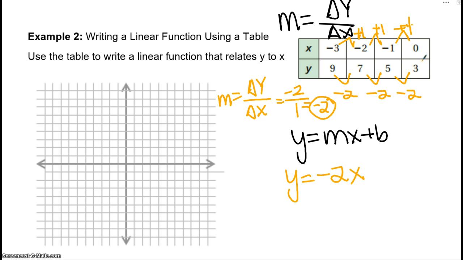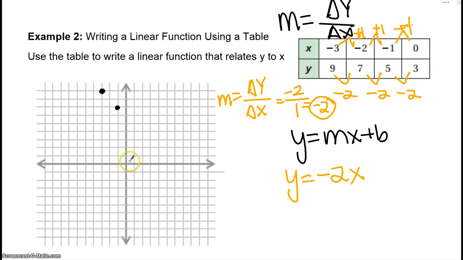Then I need to find my y-intercept. I can either do that by looking at the table or graphing it. I'm going to go ahead and graph it so you can see the visual. I need to go to (-3, 9), which is 1, 2, 3, then 1, 2, 3, 4, 5, 6, 7, 8, 9. So that's my first point. Second point is (-2, 7).